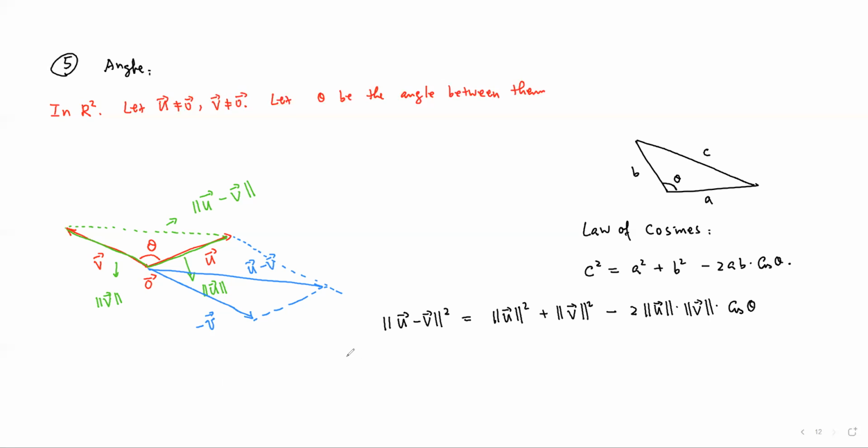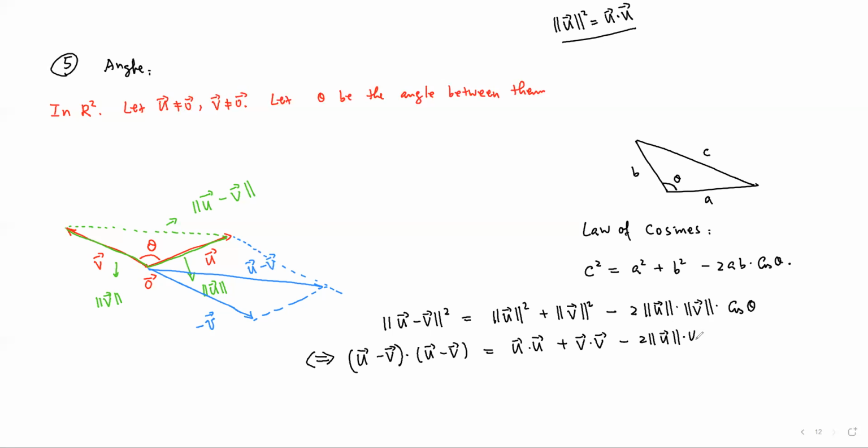Now let me simplify. Again, we often use this formula. The left side is U minus V dot U minus V. The right side is U dot U plus V dot V, but for these two lengths, we keep them, minus 2 times length of U times length of V times cosine theta.